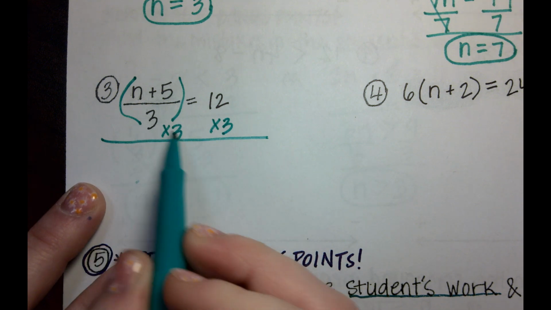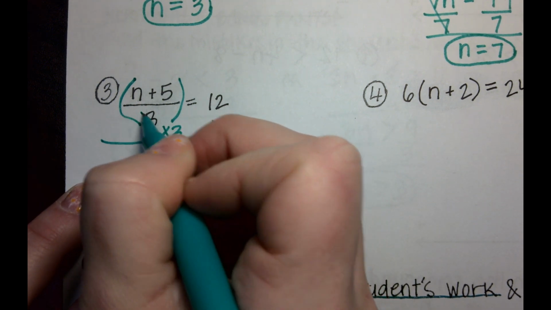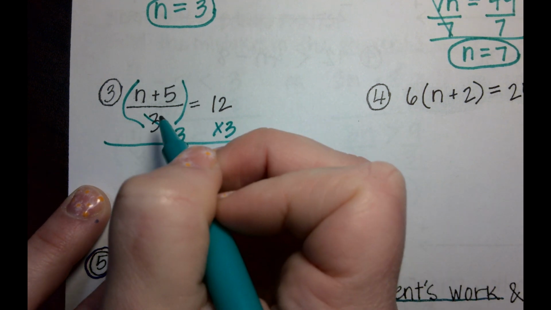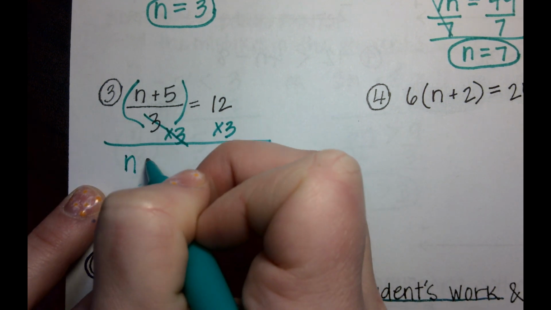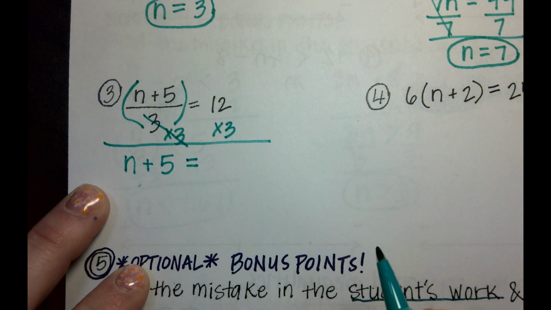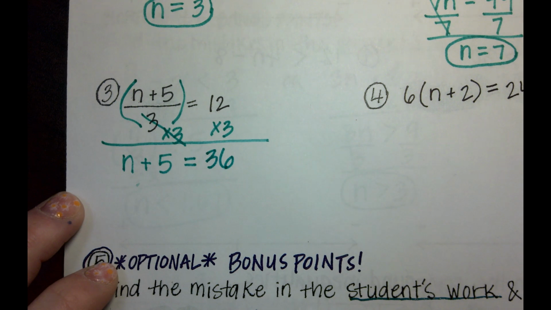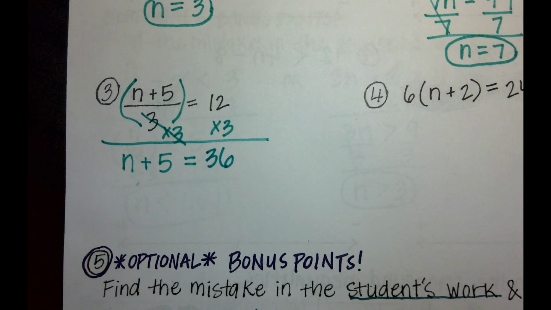So what happens on this side of my equation? Yes, my 3's cancel. And I can bring down n plus 5 equals, 12 times 3 is 36. So now I have n plus 5 equals 36.